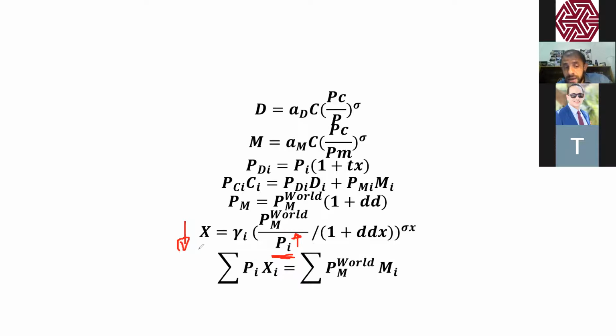Why is that the case? Because this means that our exports will be more expensive, and this will lead to a lower demand. And at the same time, if our exports become less expensive compared to our imports, this means that they will become more competitive, and consequently, if this decreases, X will increase. So that's the structure of the demand for exports.